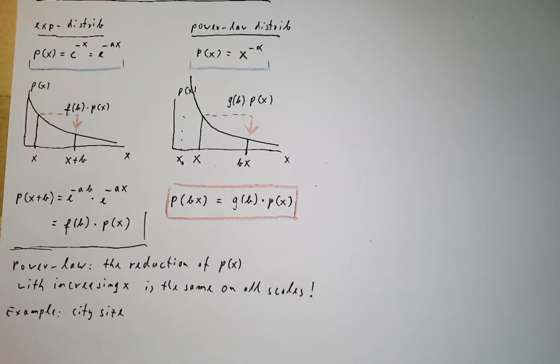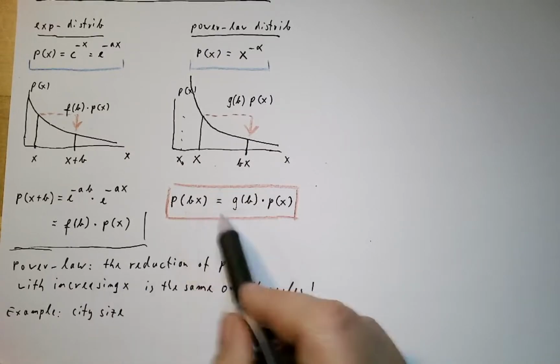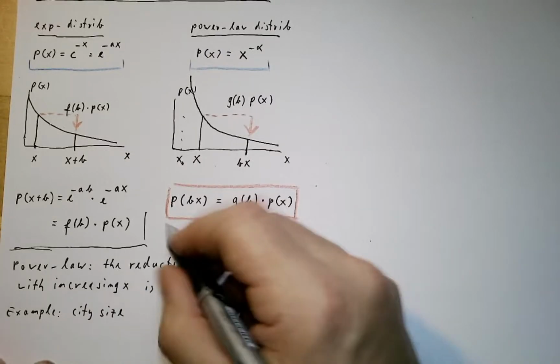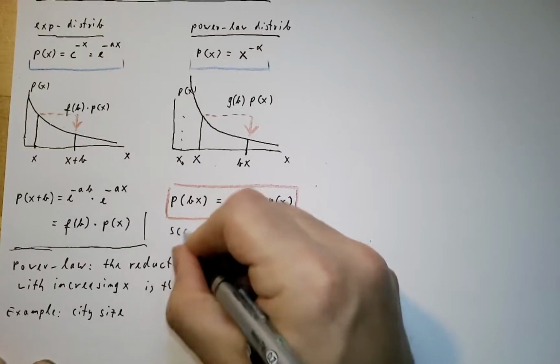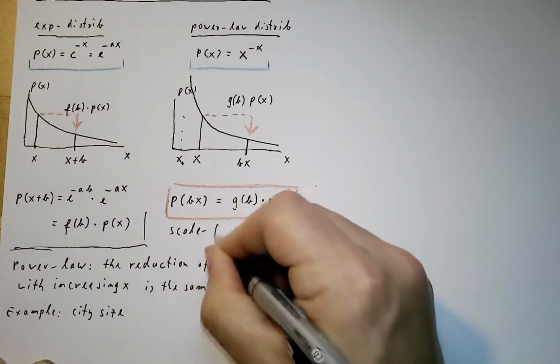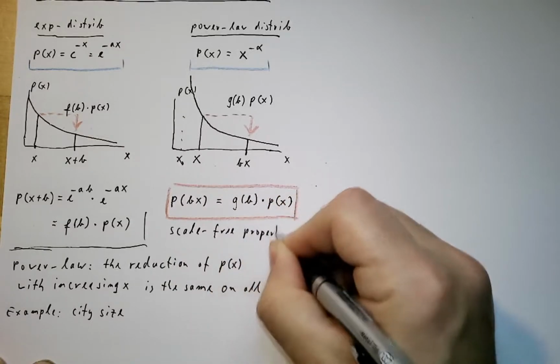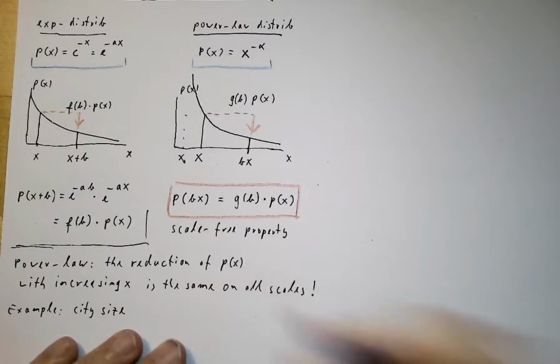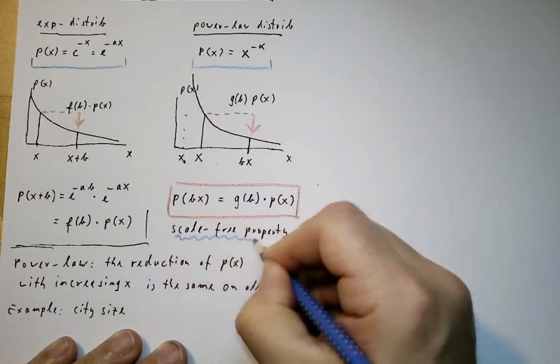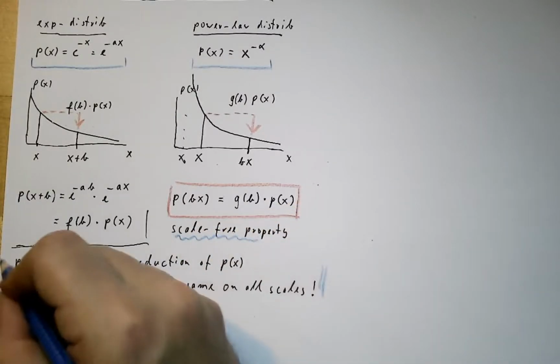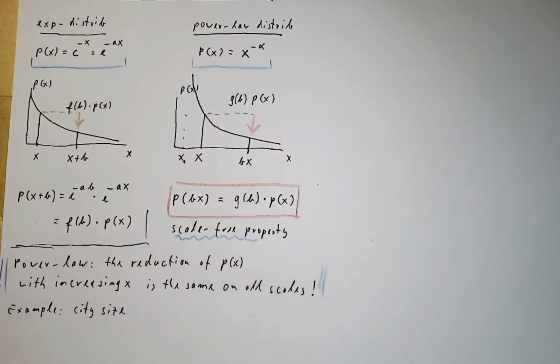And so now let's say, what does it mean that city sizes have this property, and this property is called the scale-free property. And the scale-free property means that this reduction is the same on all scales.